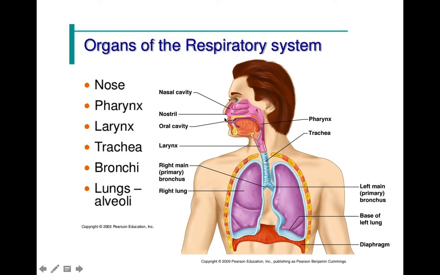We're going to go through the nose, the nasal cavity, down into the pharynx that has 3 parts that you'll learn, down into the larynx, which houses the vocal cords, into the trachea, the windpipe, into the bronchi, which are the tubes that carry air into our lungs. And once we get into the lungs, we're going to have smaller and smaller tubes that are going to take our air to the site of gas exchange, which is going to be in the alveoli.